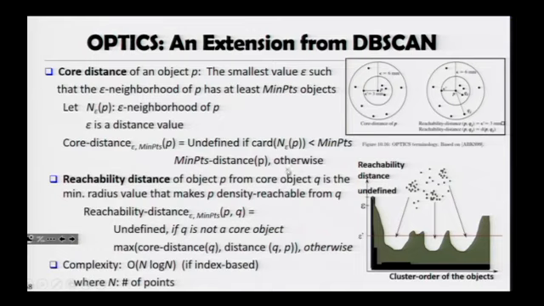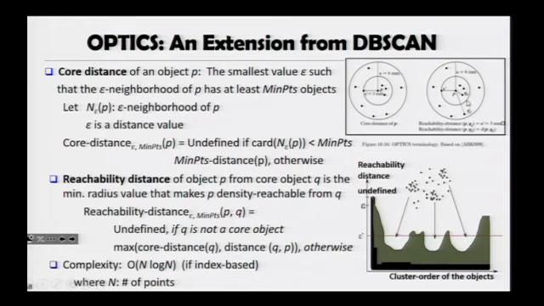So that's the core distance, and it is used to further define the reachability distance of objects from other objects. The reachability distance of an object P from a core object Q is the minimum radius value that makes P density reachable from Q. Again, look at this figure.